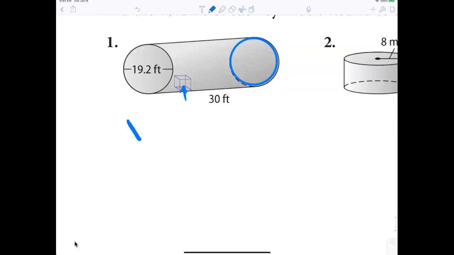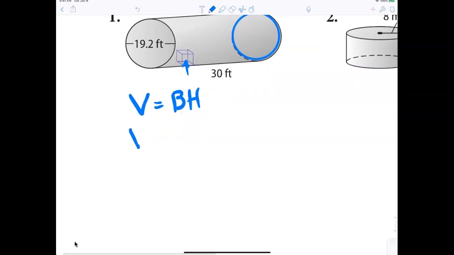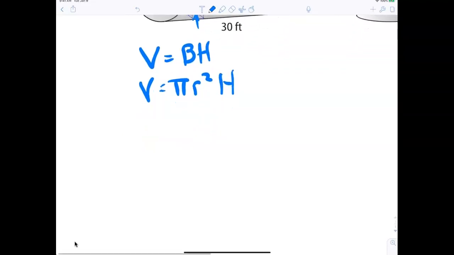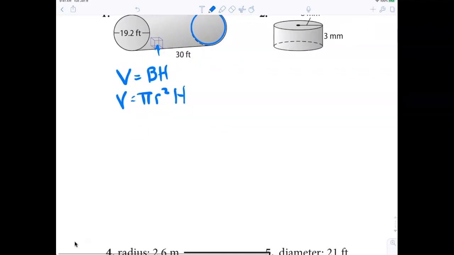So you know the volume of a cylinder is going to be capital B, capital H. But then you're going to say volume equals pi r squared, because that's the area of the circle, and then you're going to multiply it by the height. Now, writing the numbers in the formula: V is equal to pi.